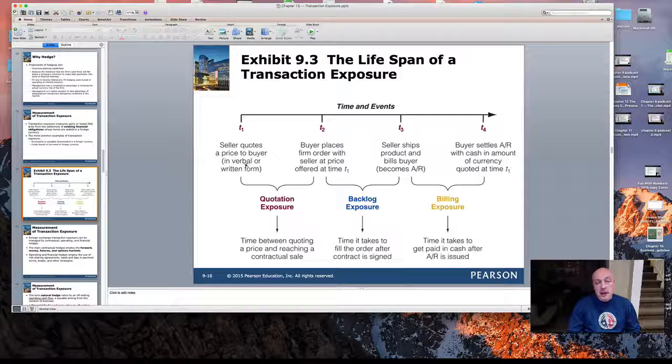And this is the time between quoting a price when we are trying to transact a business and then reaching a contractual sale. The backlog exposure is the time it takes to fill that order from the time of the contractual sale till after the contract is signed. And then lastly, we have billing exposure, which is the time it takes to get paid in cash after we've booked that foreign accounts receivable.